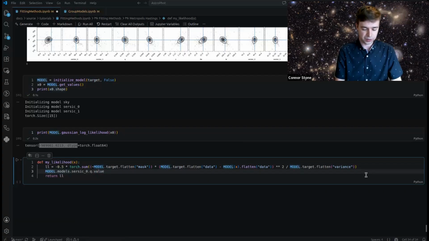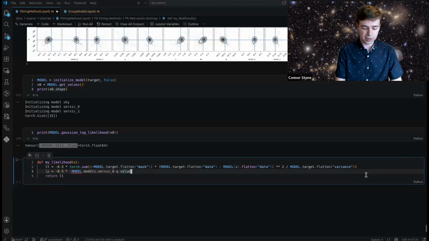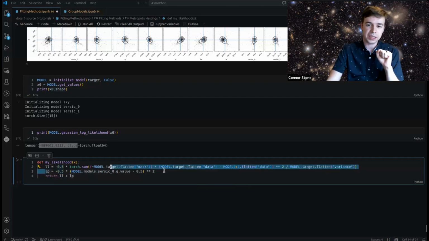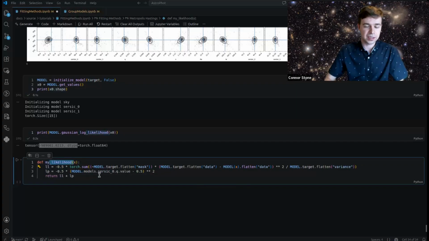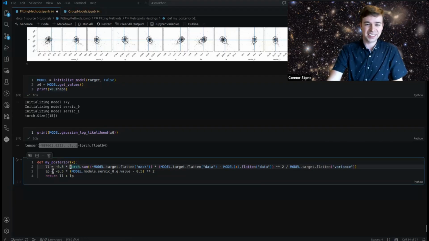You can now turn it into log prior, negative 0.5, and let's say it's going to be this, minus 0.5 squared. So now we have some prior that our axis ratio is close to 0.5. And so this is how we implement that prior. And then if we return the sum of those two, now it's not my likelihood anymore. This is my posterior. And we're doing Bayesian analysis, just like that.